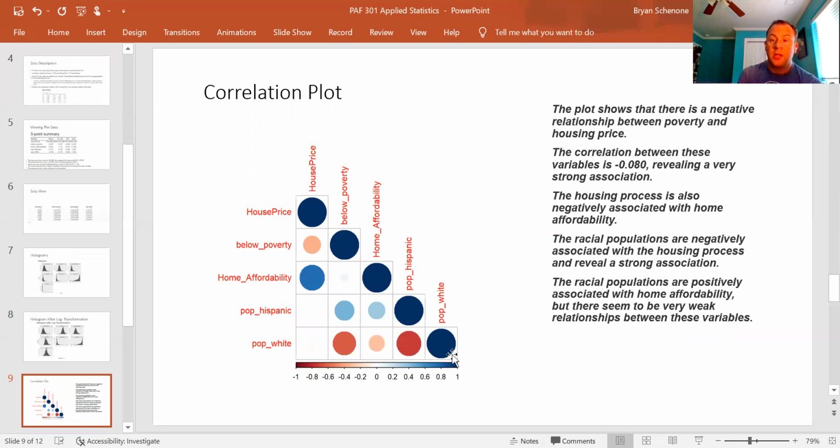Racial populations are negatively associated with housing prices and reveal a strong association. Racial population is also positively associated with home affordability. But based off that, it seems to weaken with these other variables.